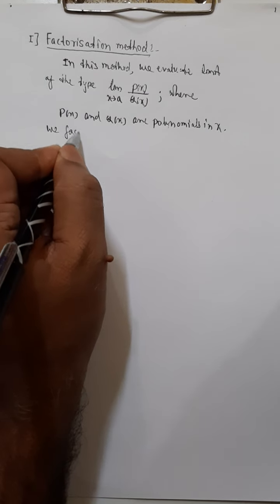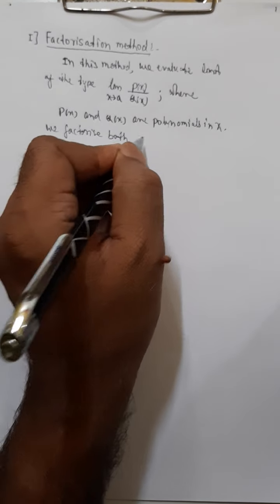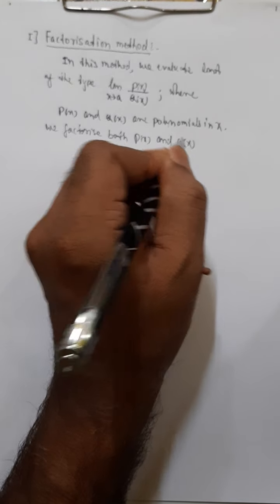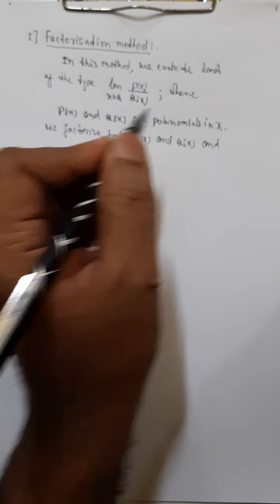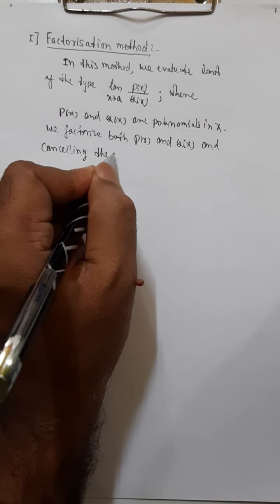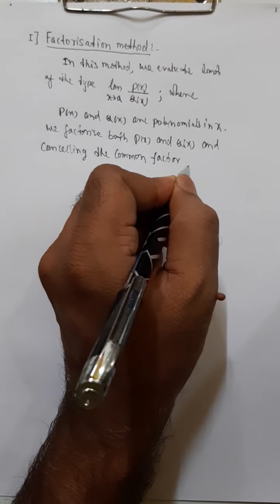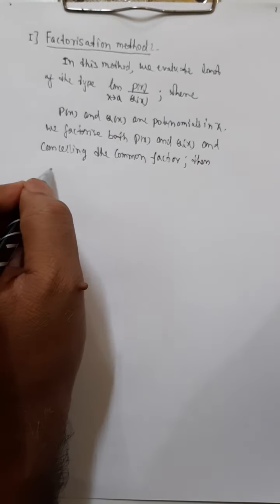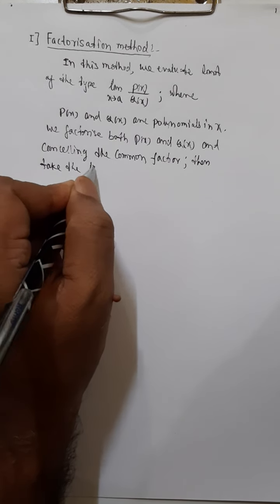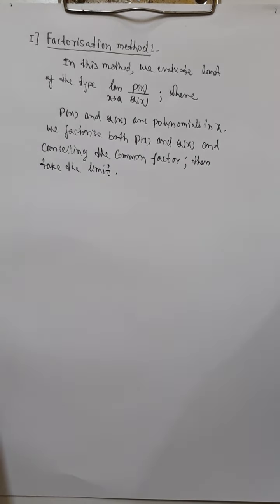So we factorize both p of x and q of x, cancel the common factor, then take the limit as before. After cancelling common factor, we can take the limit.